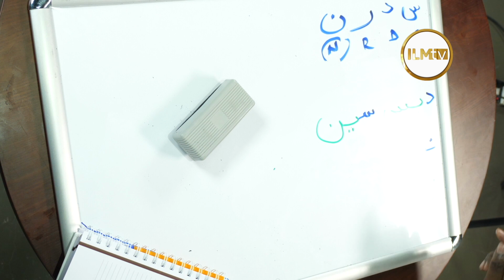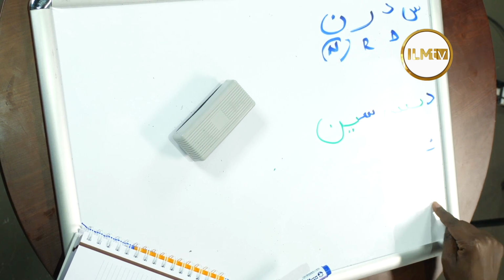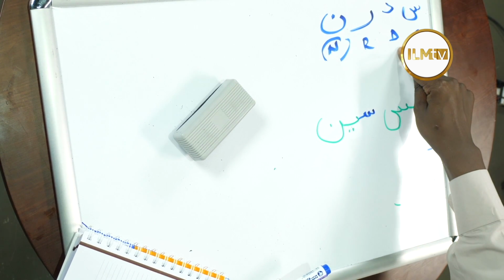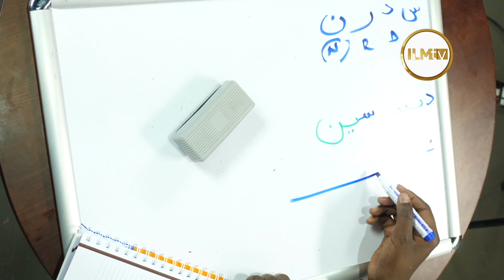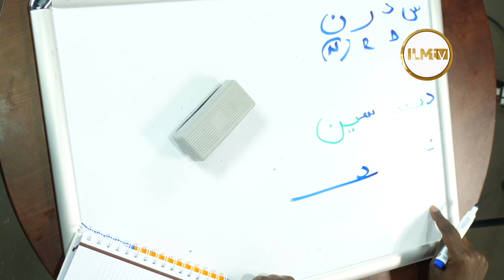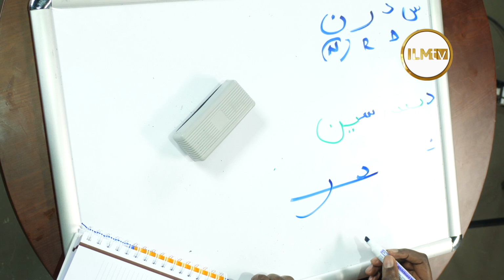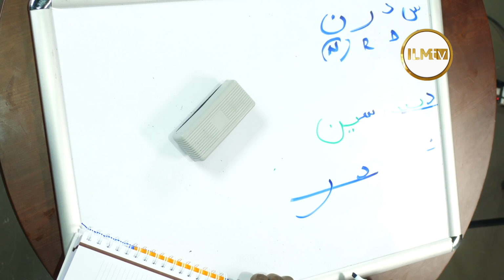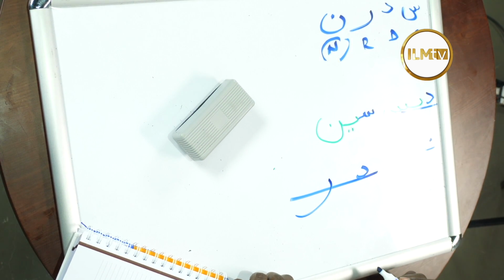Now we need to see something here about this d and the r. You know, there's a difference, the dal and the ra. The d is written above the line. The r is written going under the line. So you can notice here, da is on top, but here ra goes underneath.